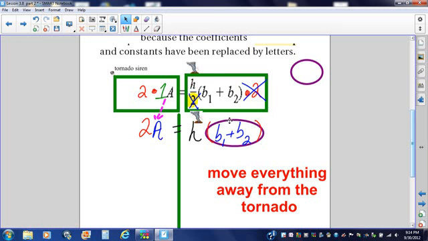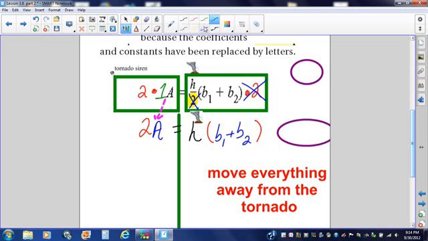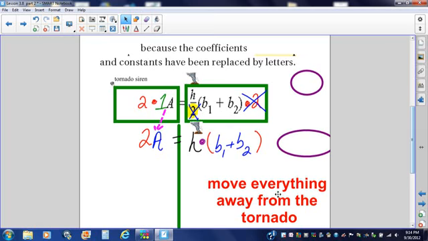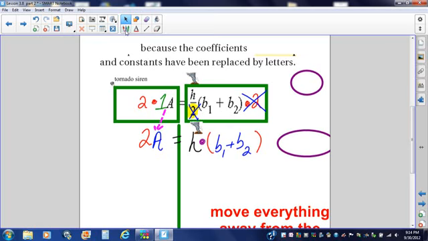I notice that the h is touching the parentheses. I know in math when it's touching the parentheses, that means multiplication. I know that I'm going to do the opposite when I cross that line. So the opposite of multiplication is division.